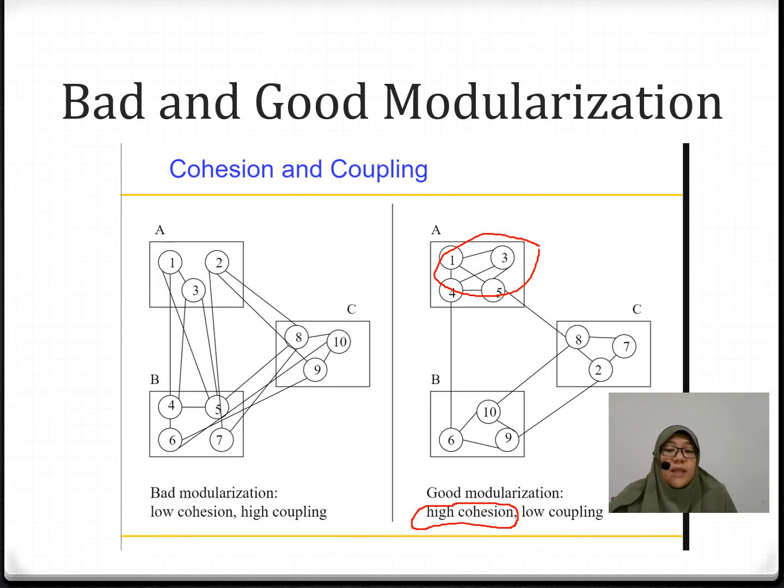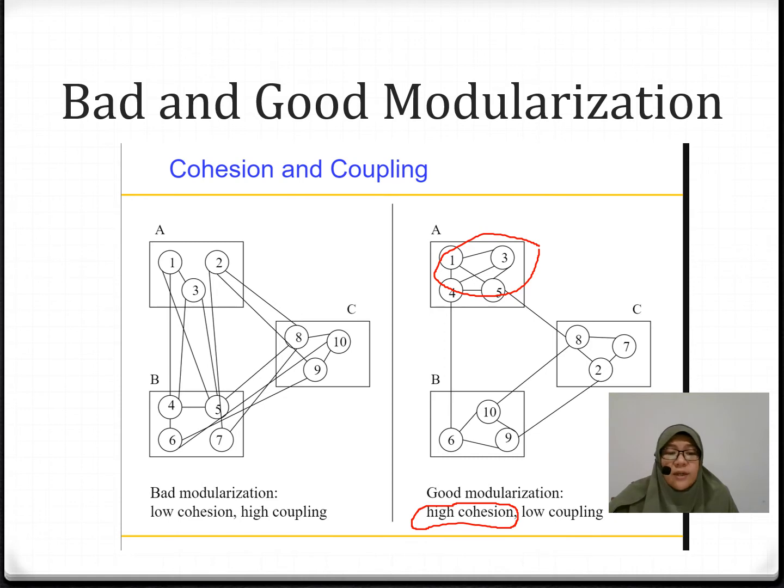But modules A and C don't interact much. Only function number 5 can call function number 8, right? So this is high cohesion because it has been grouped very well, right? The functions that interact a lot with each other are grouped together in a module. So it's a good modularization.